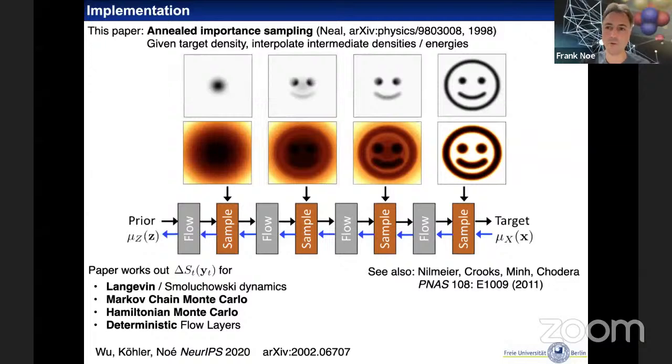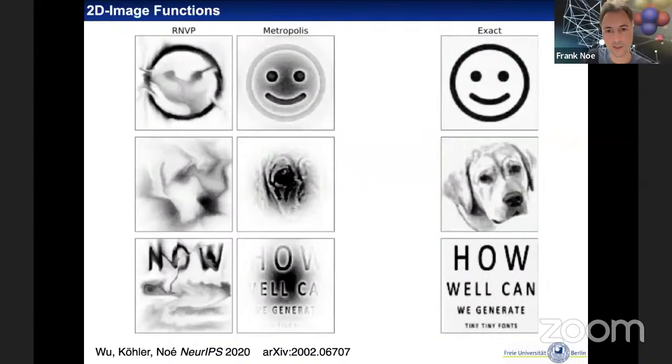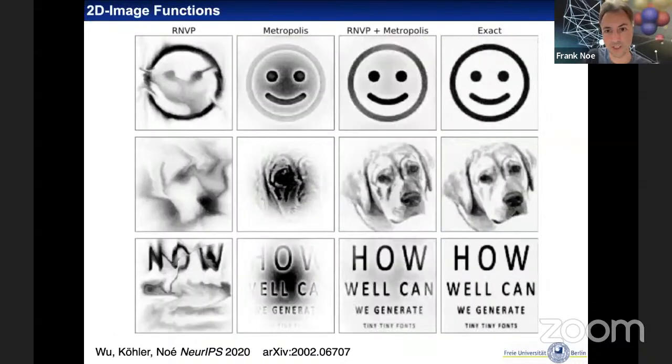And that teaches us how to train these not strictly invertible, but statistically reversible neural networks. And then we can train them to also act as normalizing flows. And that gives us a lot better sampling capacity and allows us to sample nice smileys or dogs and things like that.